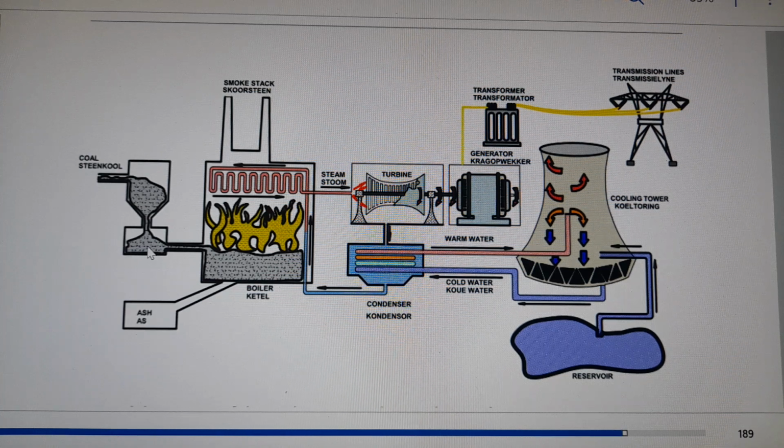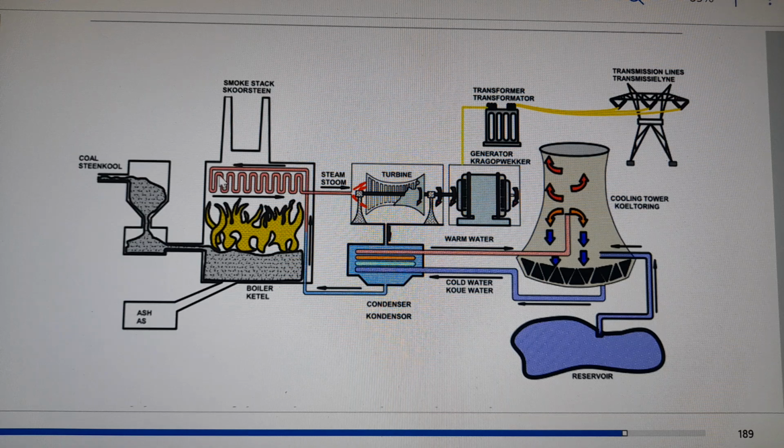Then after the coal is crushed into powder, it will go inside the boiler, and inside the boiler this coal will be lit up. They will combine coal and fuel and ignite that to form fire. Then once fire is formed, there are boiler tubes. This is a boiler where there is fire, but inside there are boiler tubes.